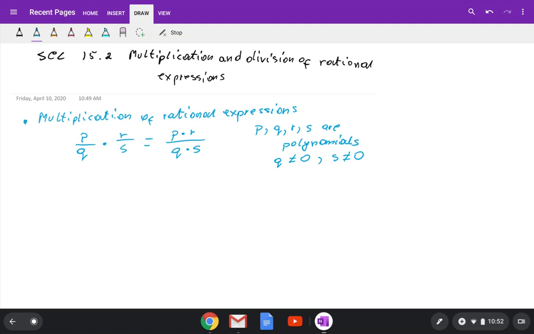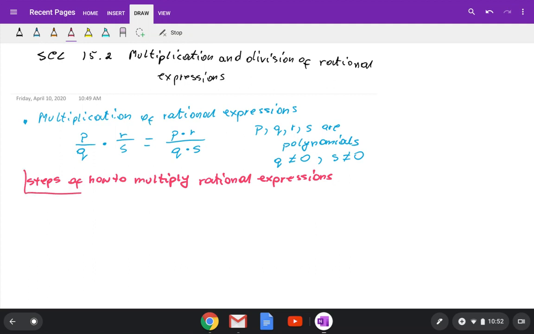Okay, so let me write the steps of how to multiply rational expressions, and we'll move on to the examples.